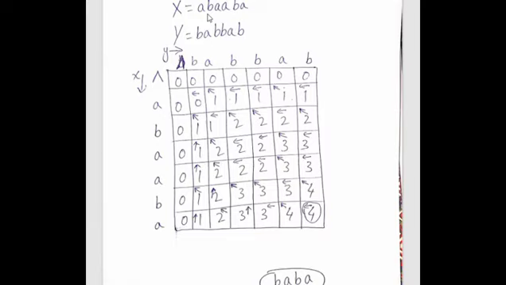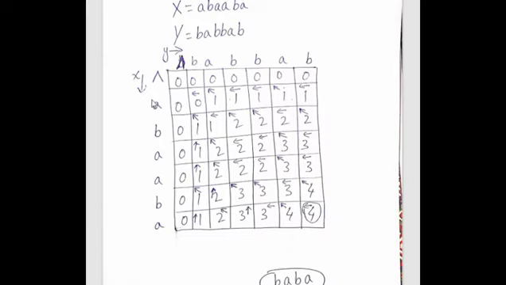You take the x values in the column and the y values on the x-axis, and you take the first row and column as null values. Then you compare every row with the column, and if they do not match, you go one row back and one column back and take the maximum value of it.